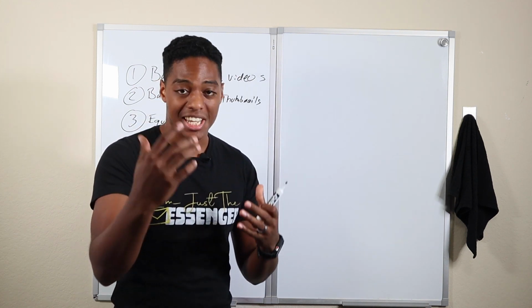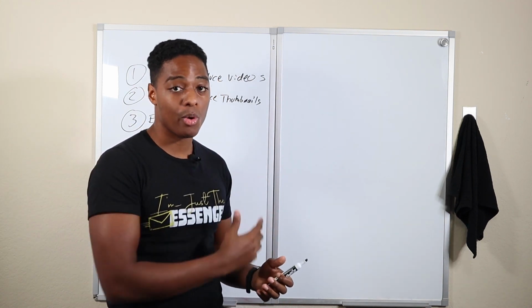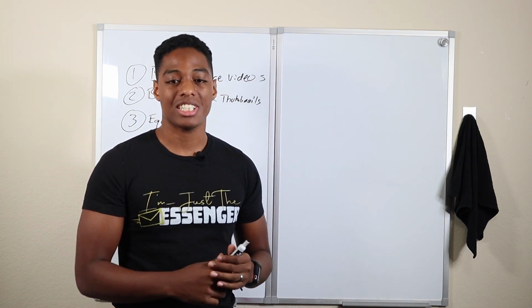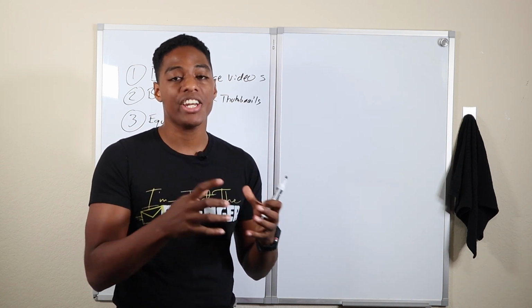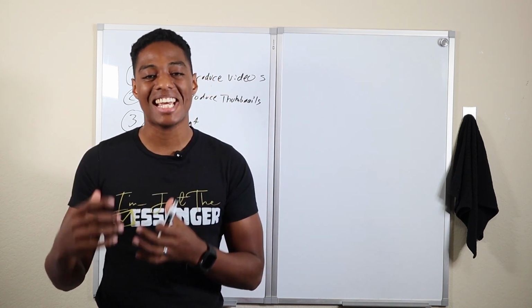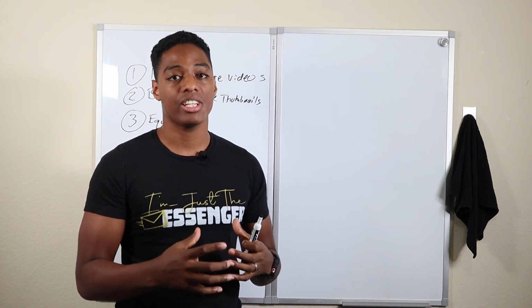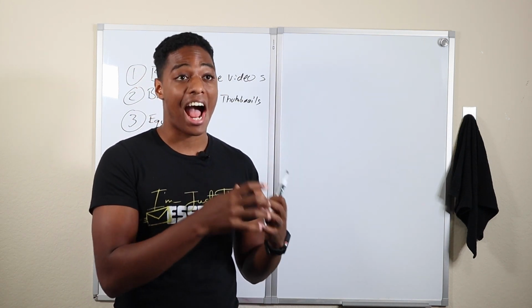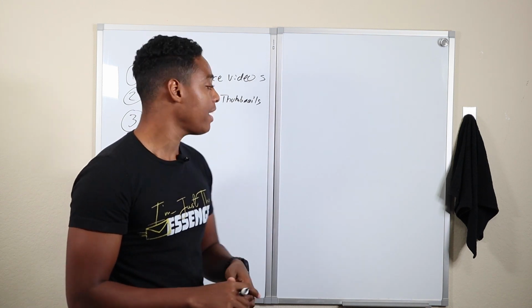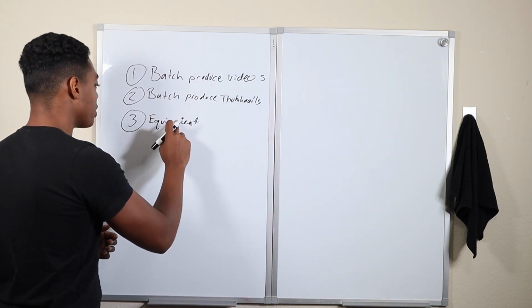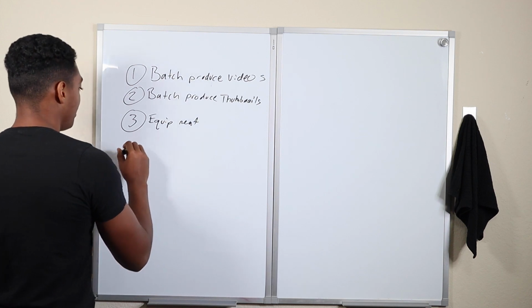For me, it's camera, lights, the board, making sure that my marker works, and my computer. It's about what equipment is necessary for you to create the content that you need and make sure that it's high value and high quality.